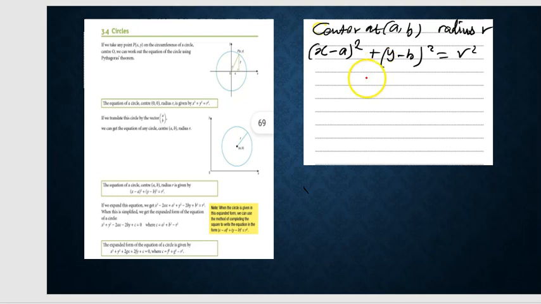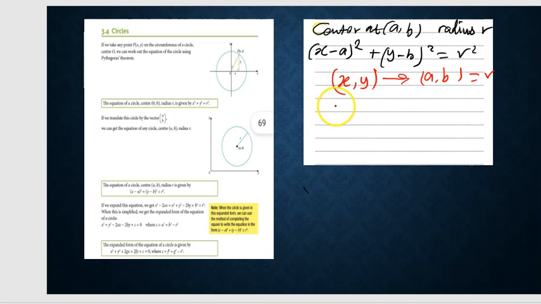So if we have x and y, and this point (x, y) lies on the circle, and we look at the distance from (x, y) to (a, b), this must be equal to r, such that we can put them under the square root.